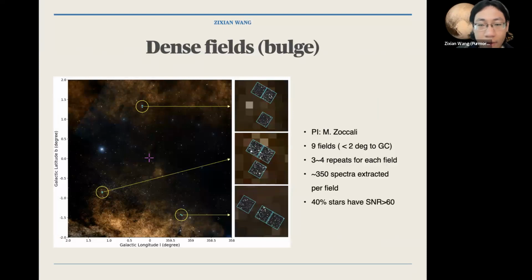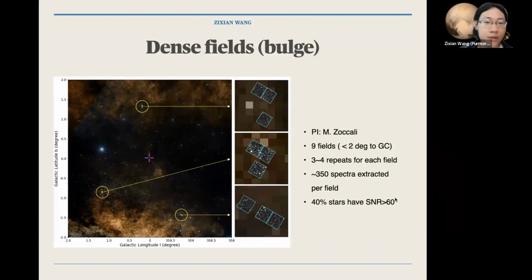They have 9 fields in the galactic center, and each field has an exposure time of about 1.5 hours. So I just apply my method on their observations. And I get about 350 spectra extracted per field. And 40% of stars have spectral signal-to-noise higher than 60.